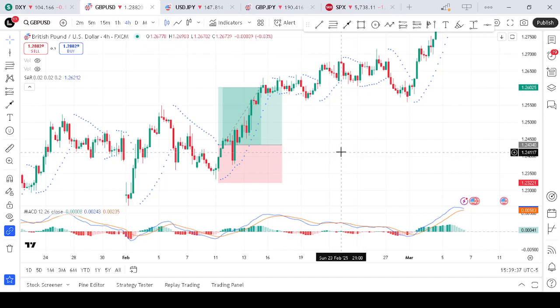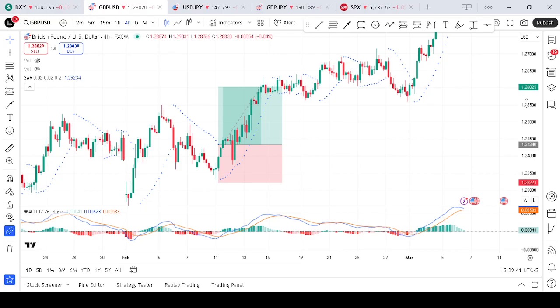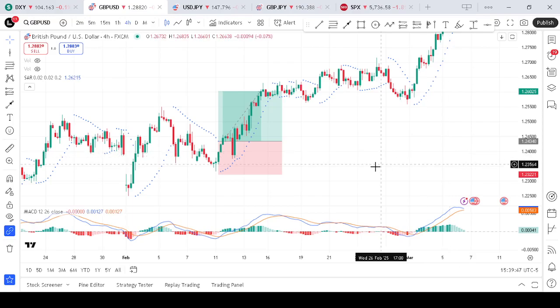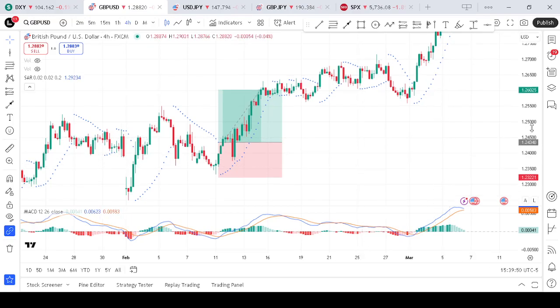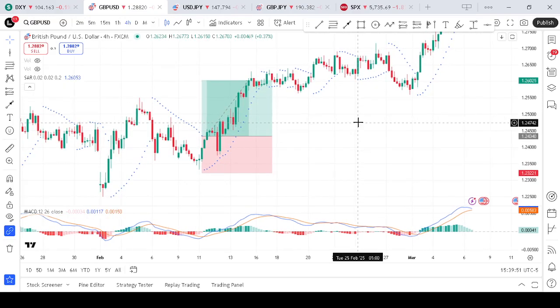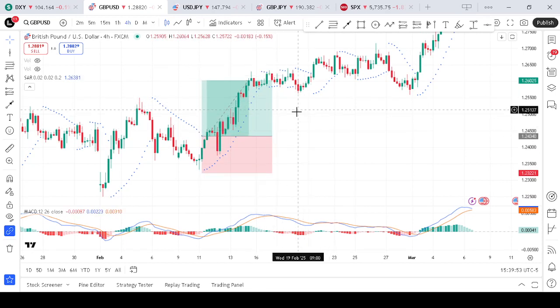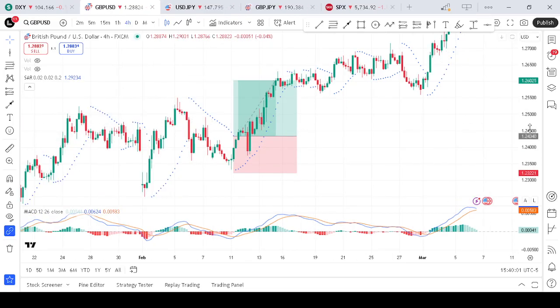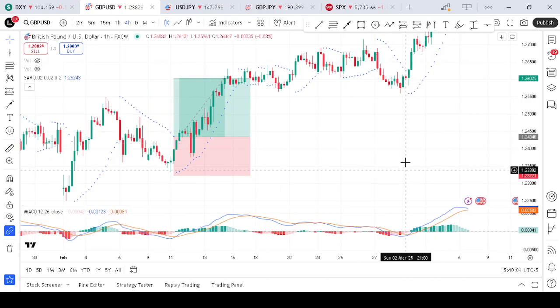There are important things we need to consider while taking trades using this strategy. The first one is avoiding trading during major news events. When there is an economic news or any news event, it can affect this strategy, so you need to avoid trading during this period. Secondly, we need to trade in the direction of the higher time frame. Before we enter any position, we need to observe what the higher time frame is telling us to do.